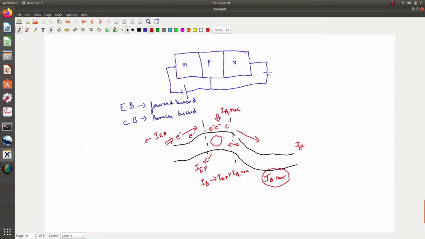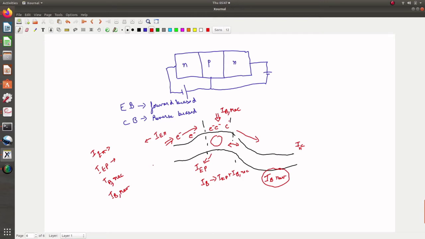So the main current components are IEN, which is the emitter current due to electrons, IEP, emitter current due to holes, IBREC, which is the current injected to the base, and IB reverse.